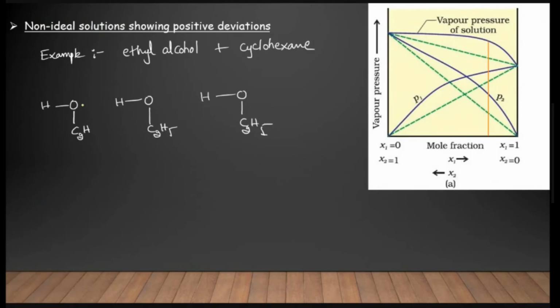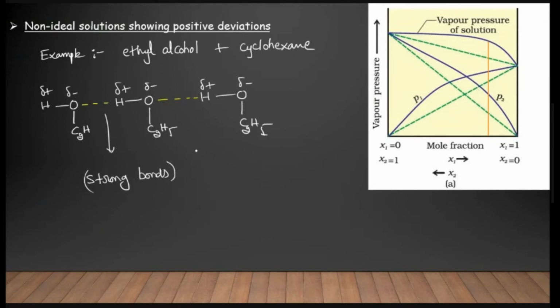Ethyl alcohol in its pure form has intermolecular hydrogen bonding, delta positive on hydrogen, delta negative on oxygen. These intermolecular hydrogen bonds are very strong bonds.